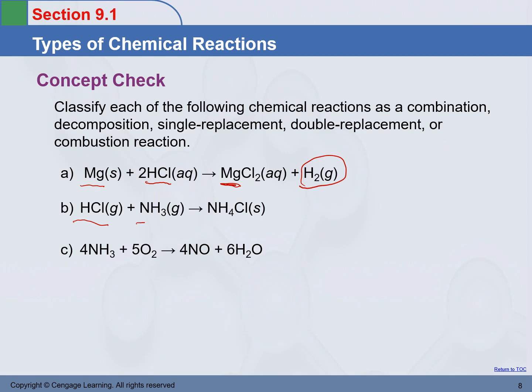B. HCl, NH3, ammonium chloride. 2 or more reactants, 1 product, combination. So the second one is a combination reaction. Last one, a substance reacted with oxygen. Each element, nitrogen, hydrogen, combines with oxygen.